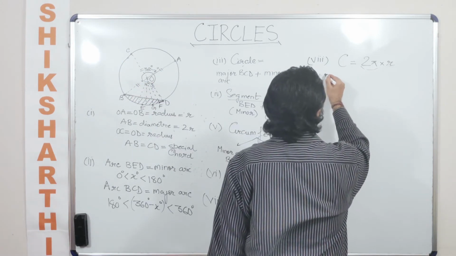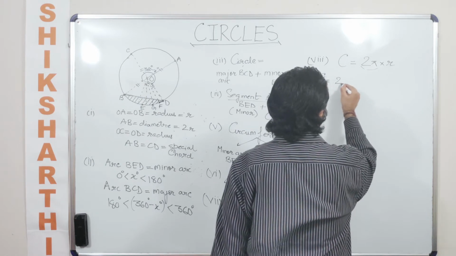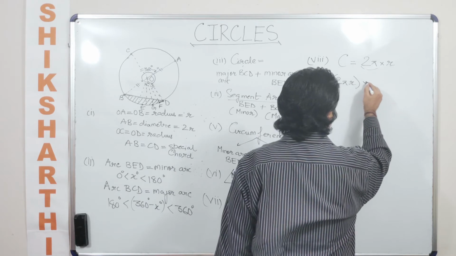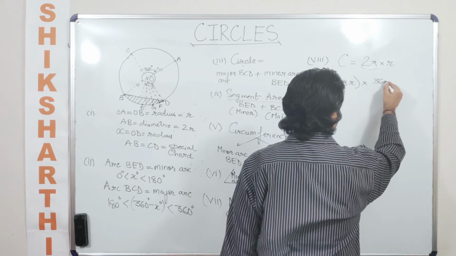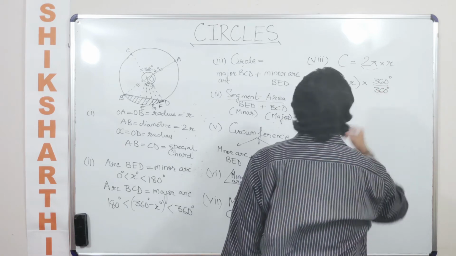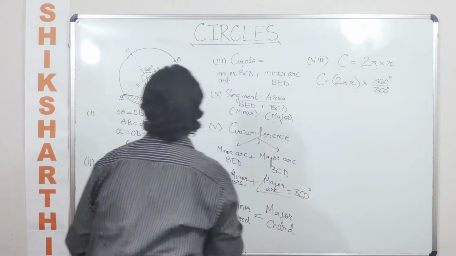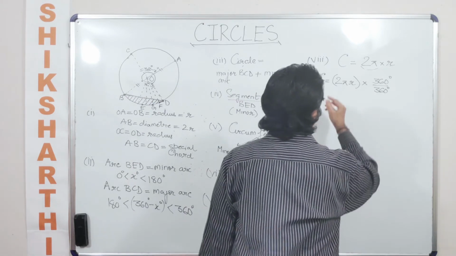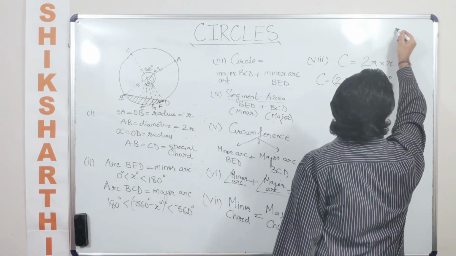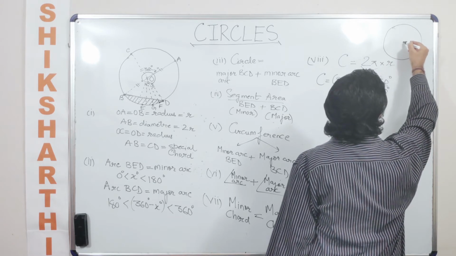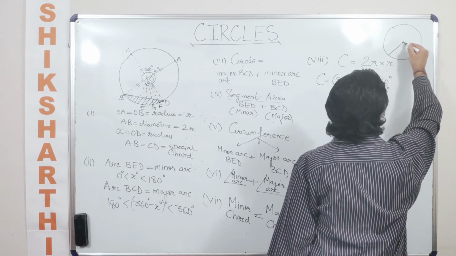So now we know that the circumference of the entire circle is 2 pi r. Now the entire circle is just like saying 360 degrees divided by 360 degrees. Had it been a sector, where should I draw a diagram? So let us say I am drawing a diagram here, the same diagram.